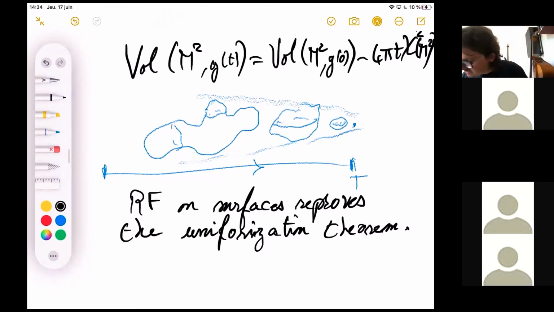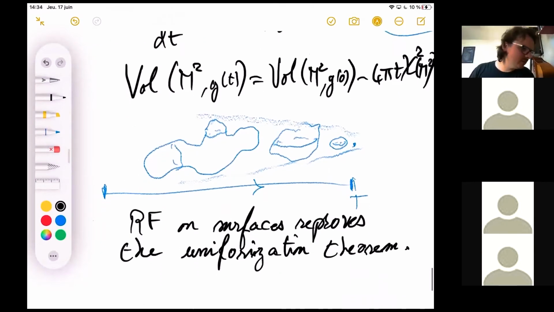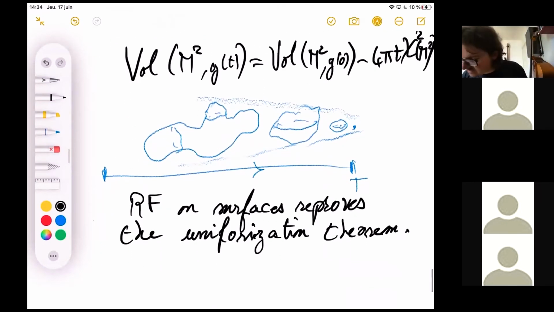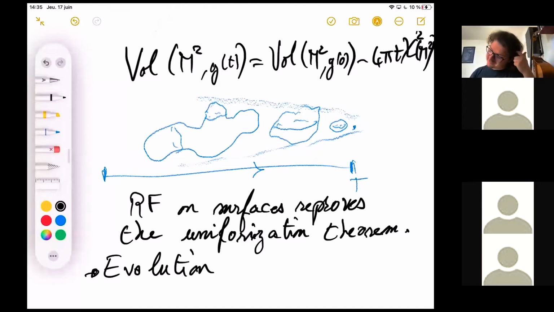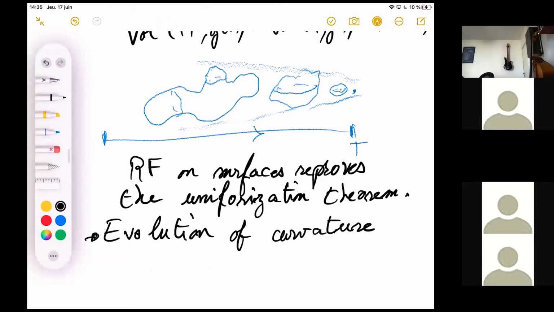Okay, so we have said something about the evolution of the volume. We can look now at the evolution of the curvature. And here I won't make the computation. It's done in the textbooks. I think in the first lecture I talked about the Chow and Knopf book.